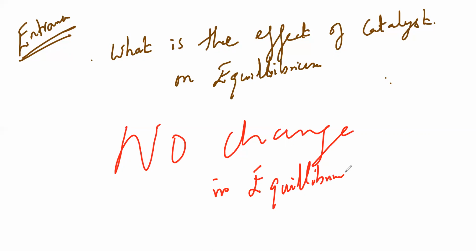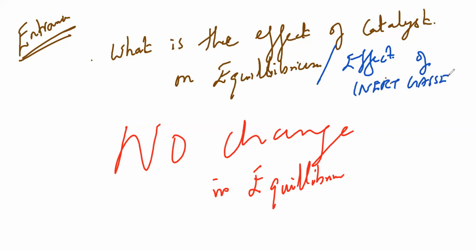One more thing they can ask is, what happens if I add inert gases? So, the effect of addition of inert gases. There won't be any change in equilibrium if it is at constant volume.